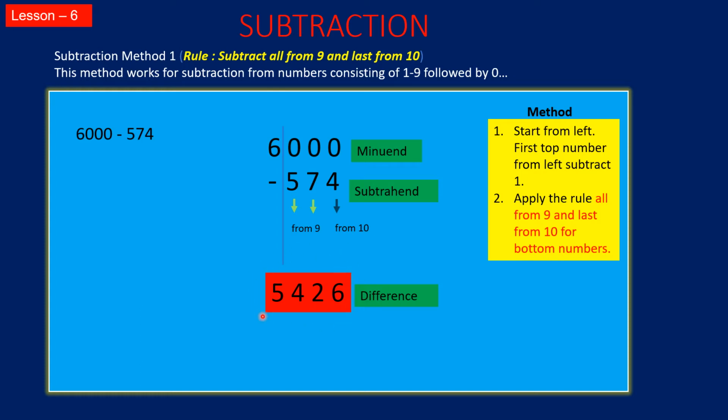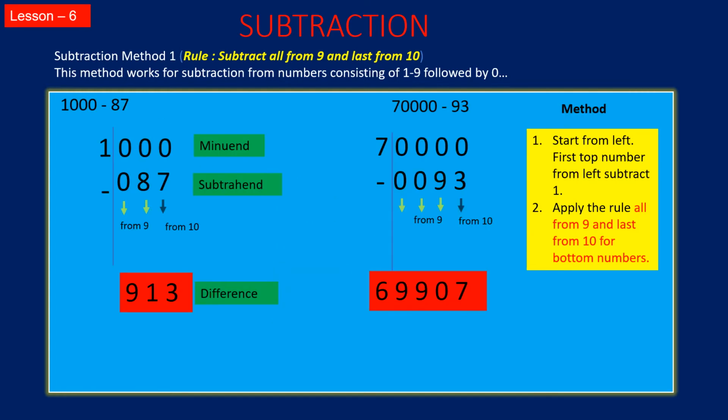We'll take one more example. 1000 minus 87. Again, this method works for subtraction from numbers consisting of 1 to 9 followed by 0. So write down 1000 and under that you write down 87.